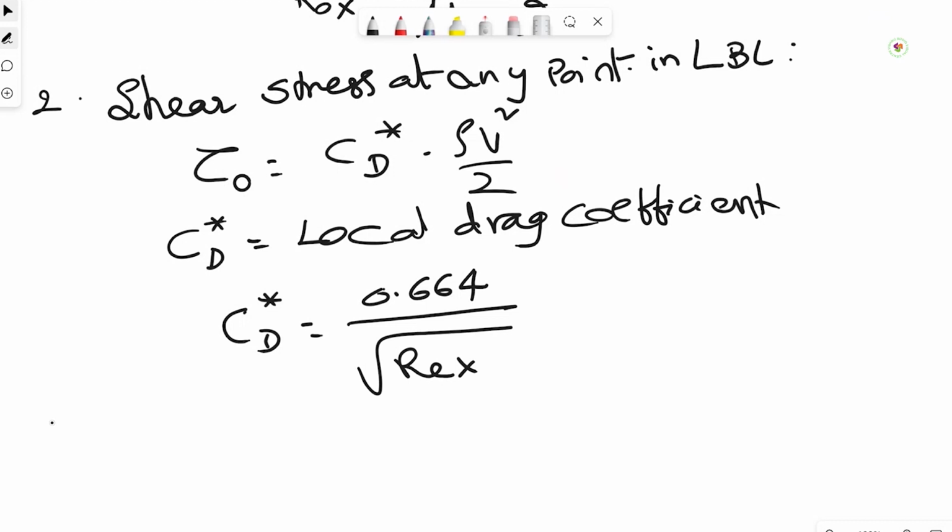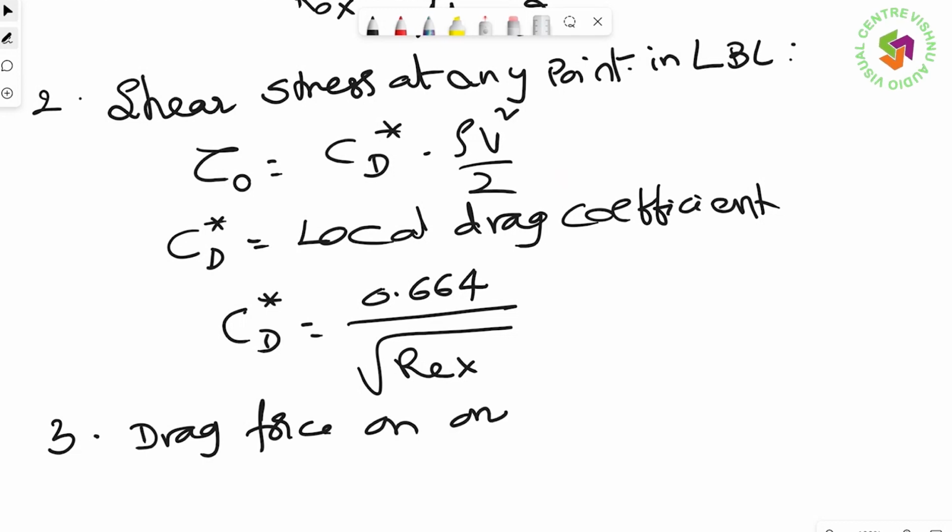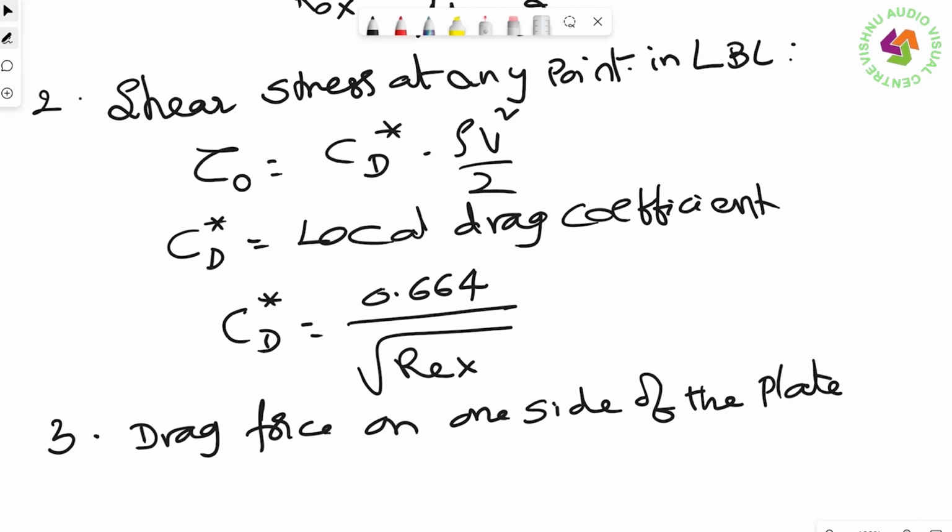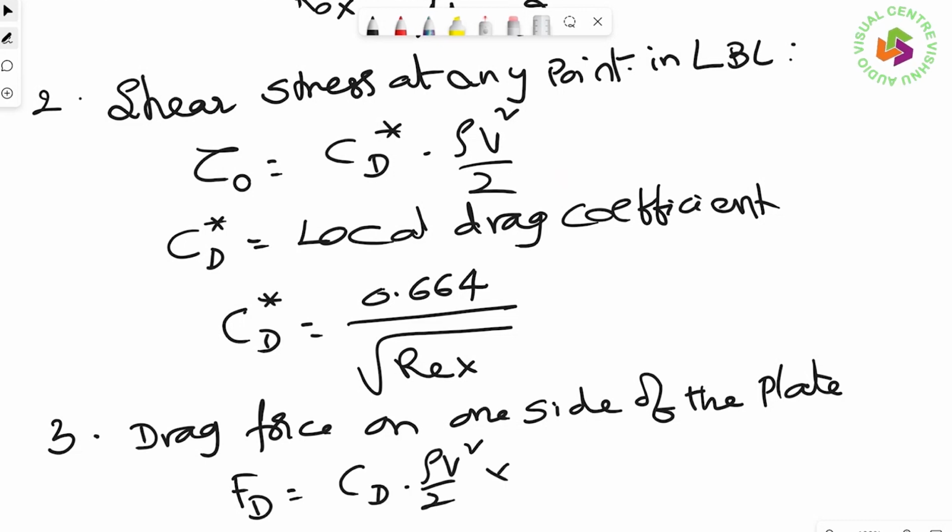And this local drag coefficient can be calculated as CD star equal to, for example, 0.664 divided by root Rex. Then the last thing is the drag force on one side of the plate. The drag force on one side of the plate is FD equal to CD into rho V square by 2 into area. This is what we should remember.